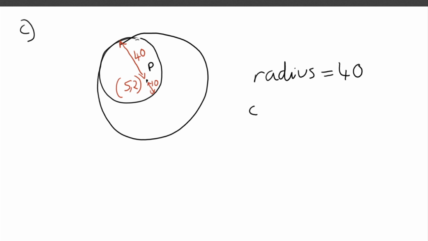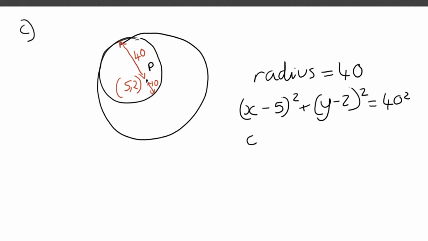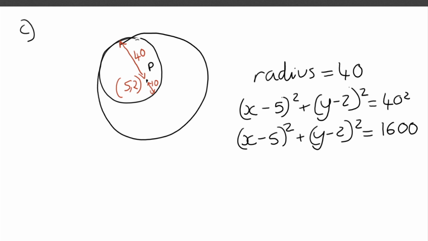And we know the centre is 5, 2, so it's just x minus 5 all squared plus y minus 2 all squared equals 40 squared. So x minus 5 all squared plus y minus 2 all squared equals 1600. And that's us finding the equation of C3.